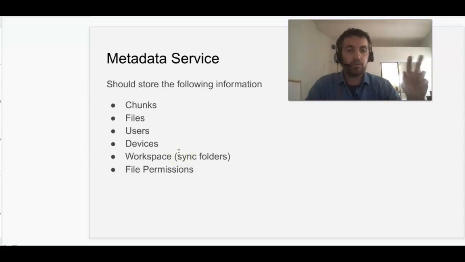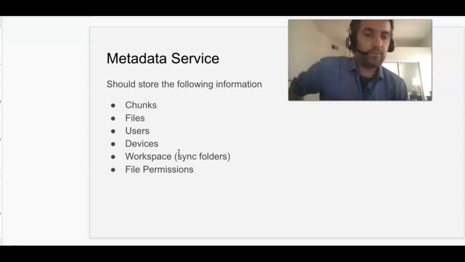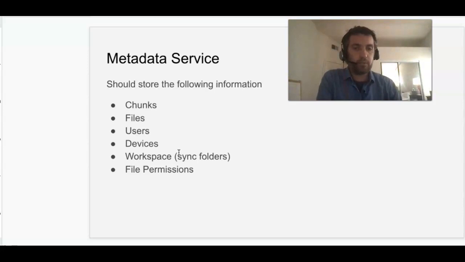Workspaces, so each user might have different folders. So we need to keep that all connected. And file permissions, because each file can have multiple permissions. If you look at all this metadata that needs to be stored, now you begin to understand why ACID is going to be important here. Remember we talked about SQL or NoSQL.